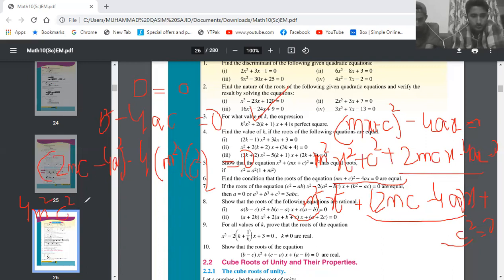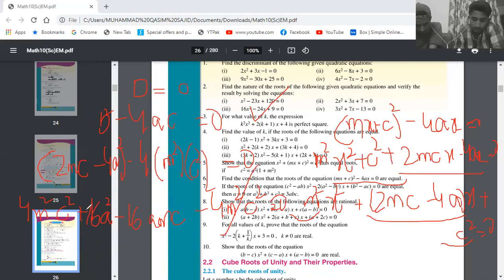Then there is a negative, so there must be positive 4a, that is 16a square, that is b square, minus 2ab, where 2ab means 2 multiplied by 4 multiplied by 2 equals 16, and amc. Then there's a negative sign, negative m square c square equals to 0.